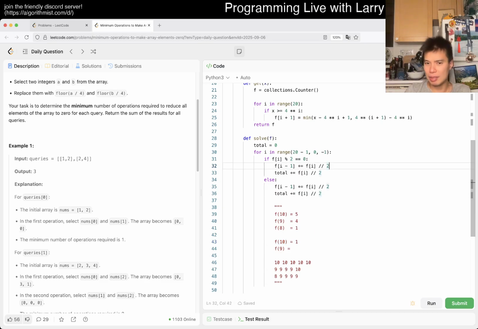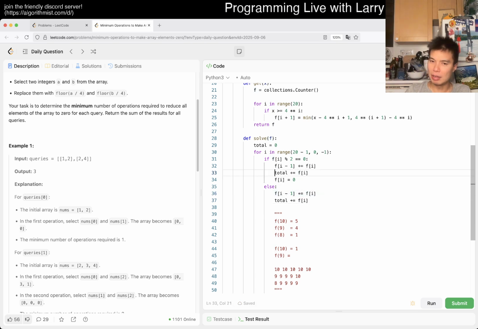So okay, if it's even, we just kind of YOLO doing that, right? This is fine, I think. You have to do it. If it's not, then this isn't quite right, right? Because we have to do the mod 1 thing. So okay, we know that this is odd, so then we just subtract 1.